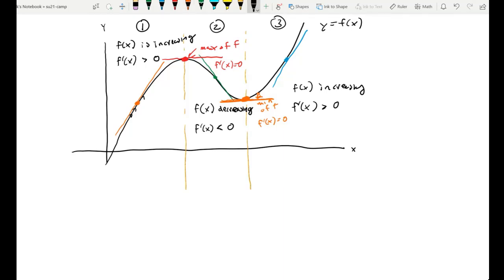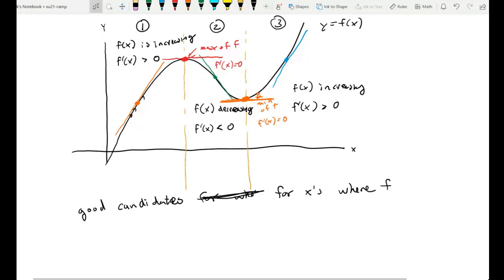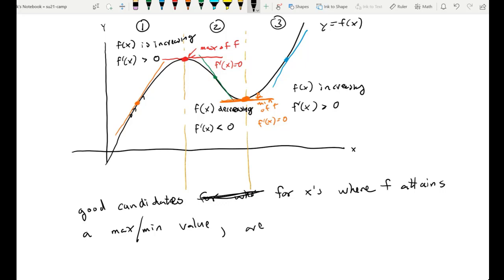So good candidates for x's where your function attains a maximum or minimum are the x's which make the derivative 0.